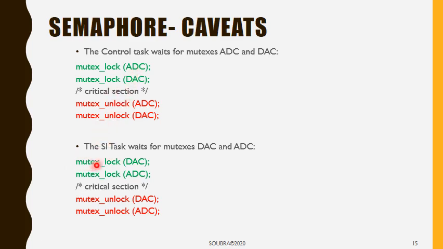The SysID will try to lock the DAC, and it will try to lock the ADC, which is already locked by that one. So this one will get blocked. The CPU is back to me. I'm going to try and lock the DAC, which is already locked by that one. Oh yes, I'm going to get blocked as well, and this is what we call a deadlock.